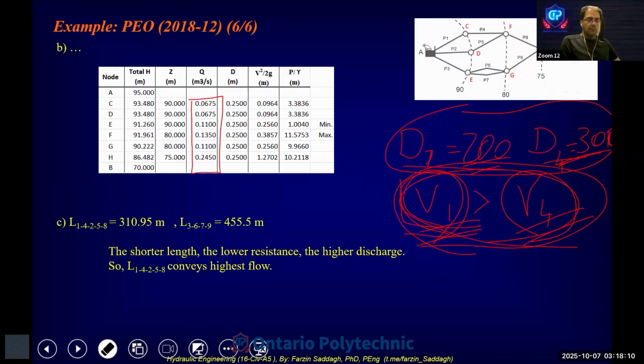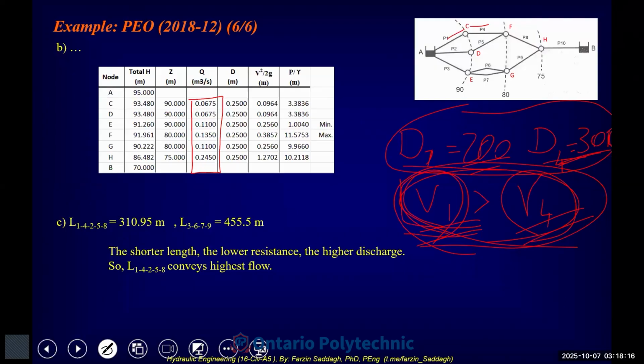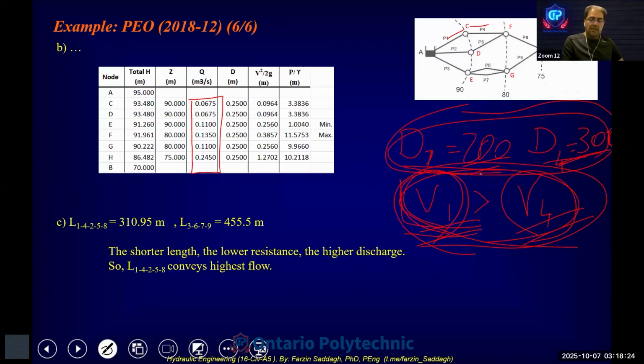So for this case, the velocity on both sides of C is the same, right? Yes, but of course I'm talking about the case when we have different diameters on both sides of the node.